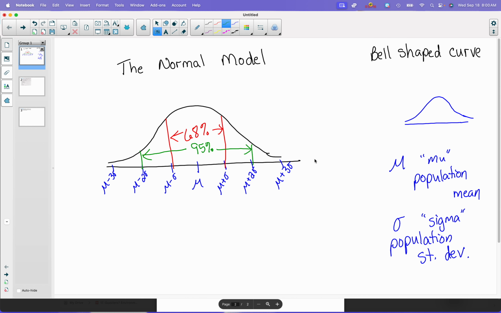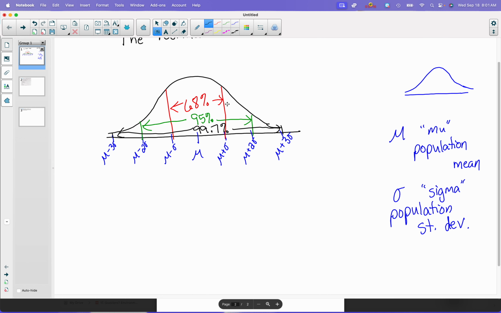And if you go 3 standard deviations, you're going to get about 99.7% of the data, which again is almost all of it. So if you have a normal model, you can expect to capture almost all of your data within 3 standard deviations of the mean.